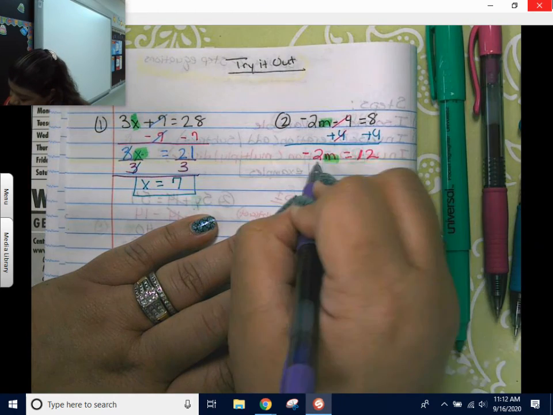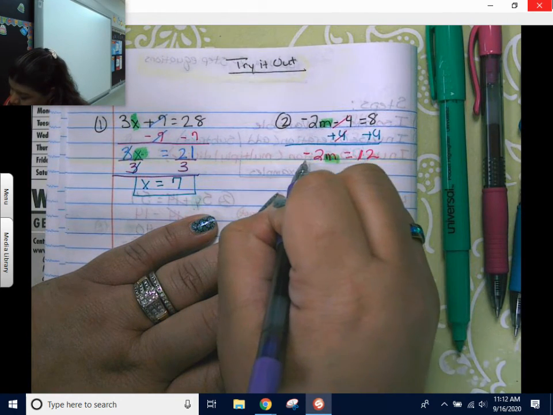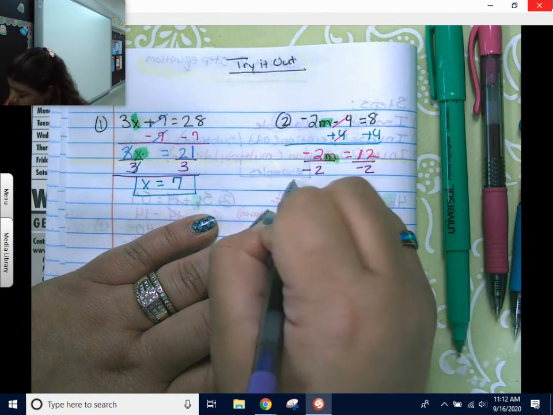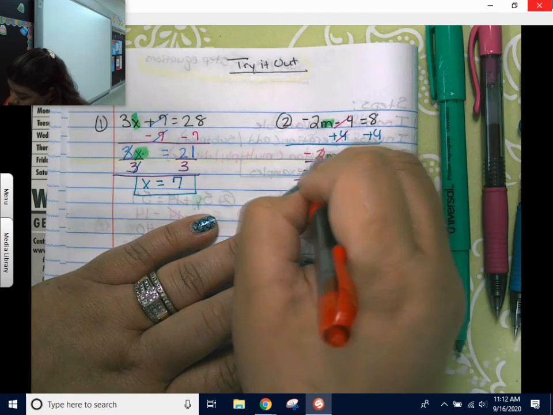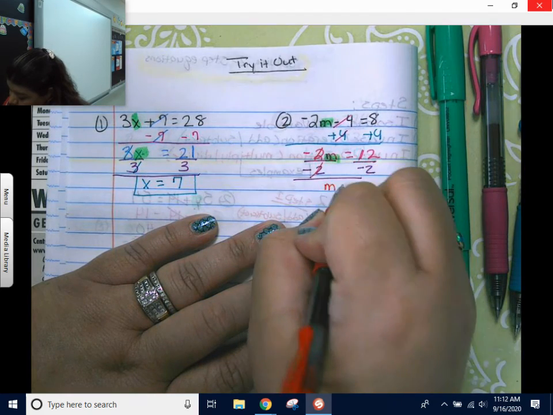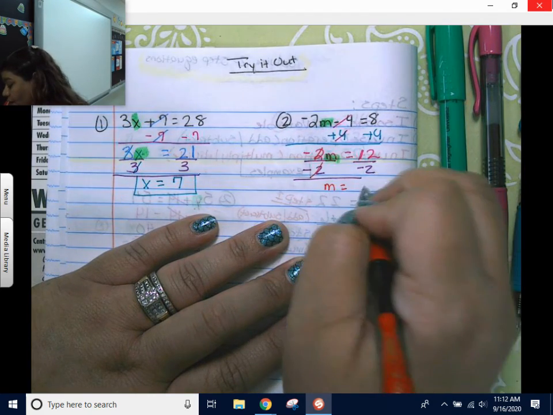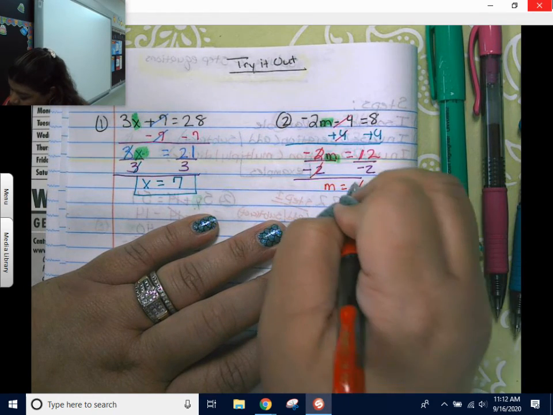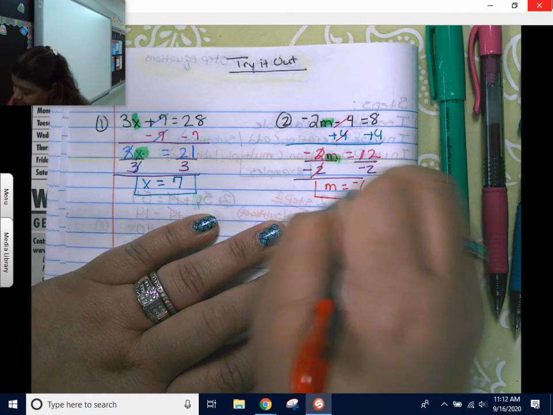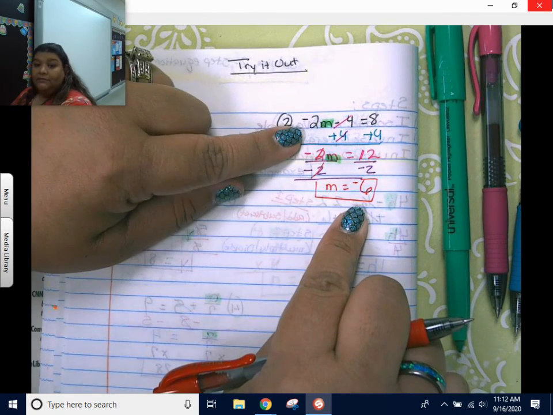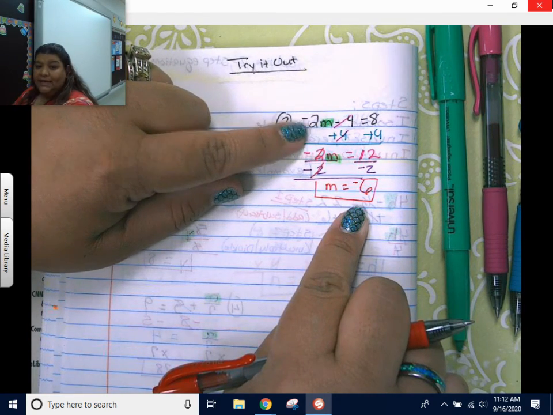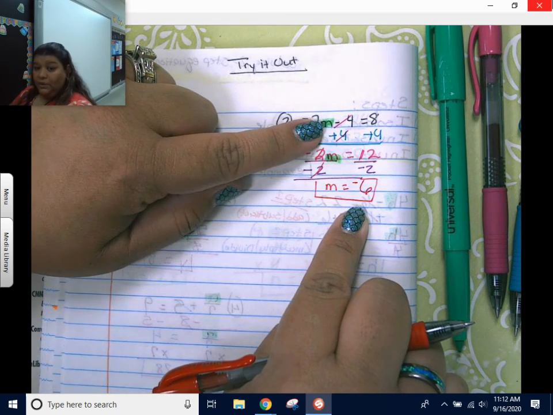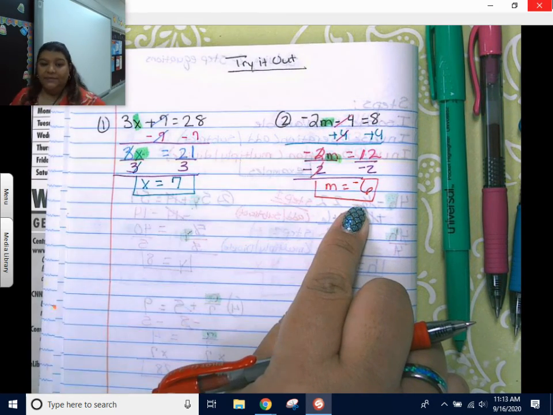And then you should have seen here, well, I'm multiplying by -2, so I'm going to divide by -2 to both sides. And these cancel. Your answer should have been m is equal to 6, but my signs are different, so it should be a -6. Okay? And then check it. -2 times a -6 would get me a +12, and then 12 minus 4 gives me 8.